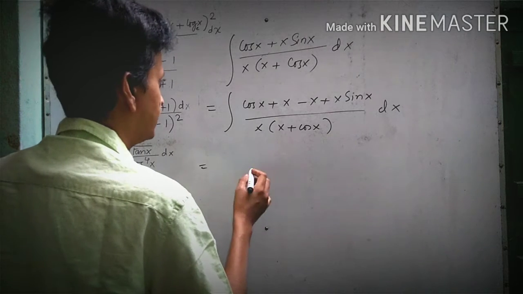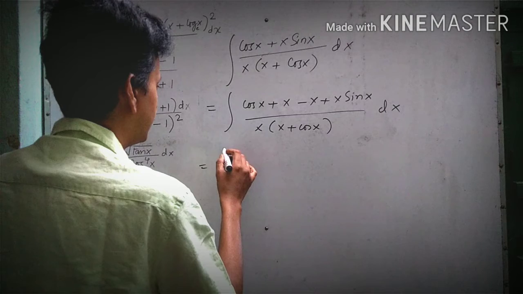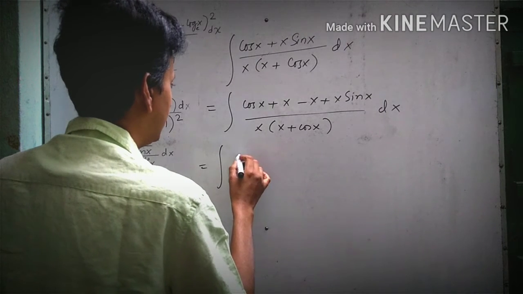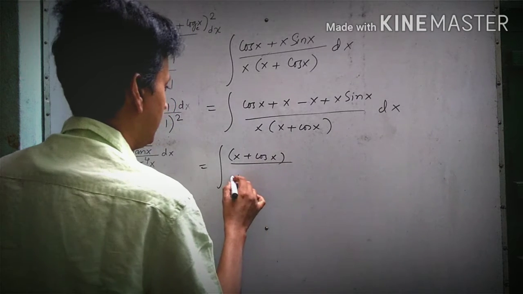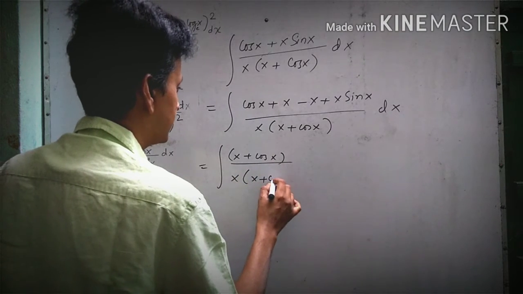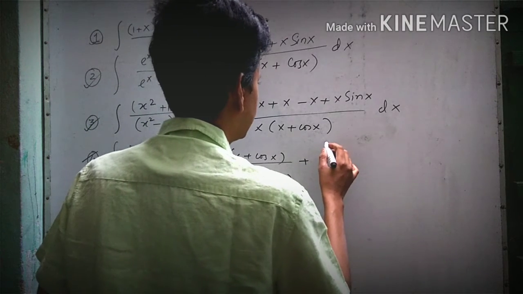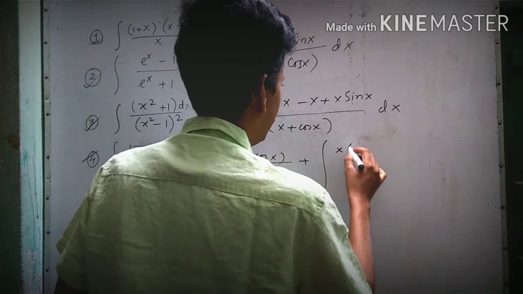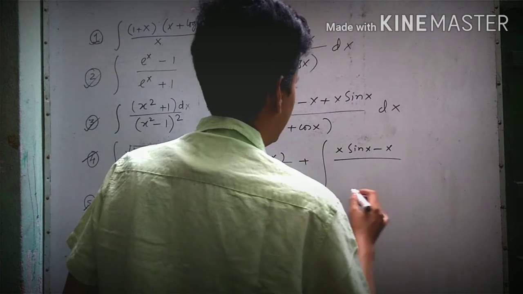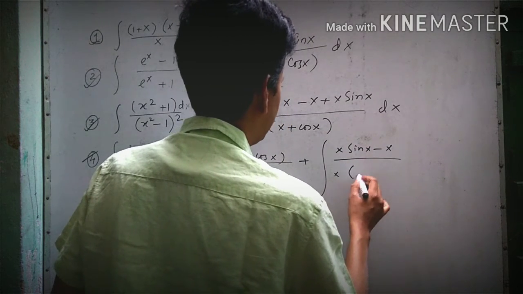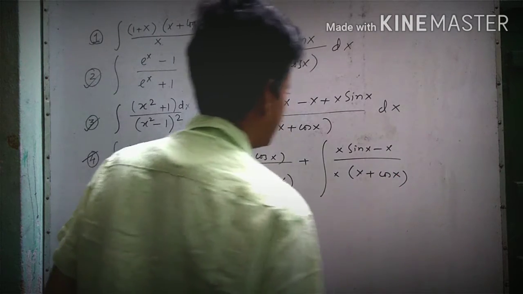So we can write this as integration of x plus cos x by x into x plus cos x plus integration of x sin x minus x by x into x plus cos x.